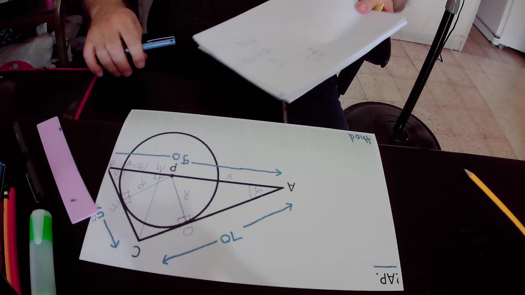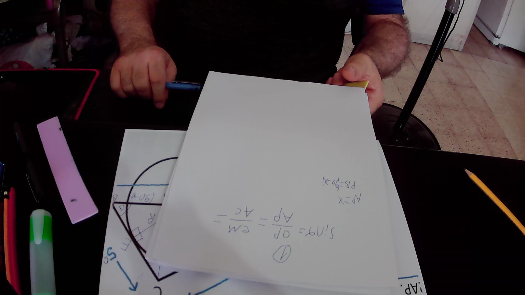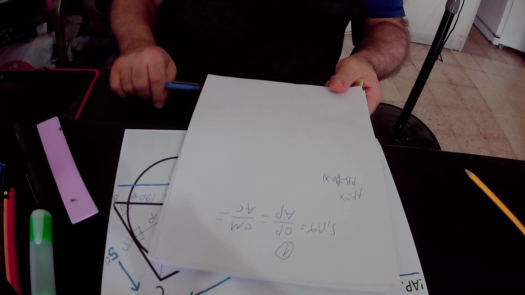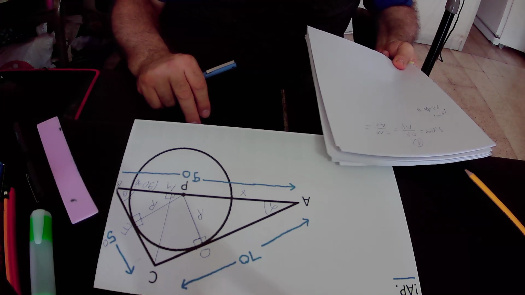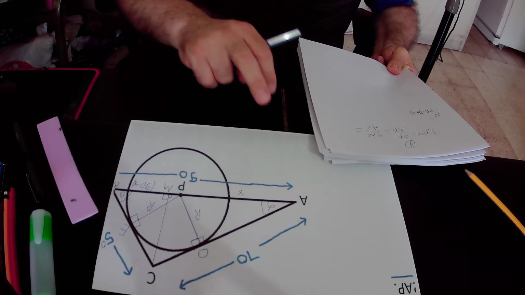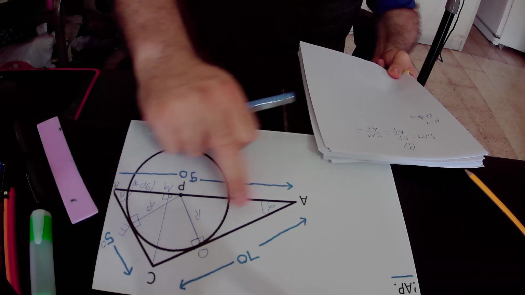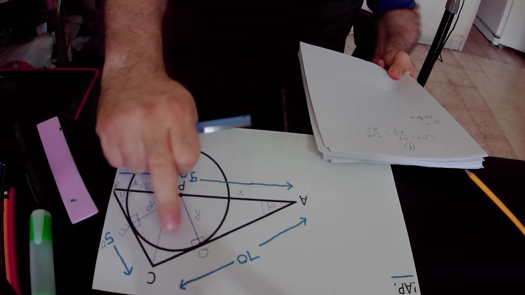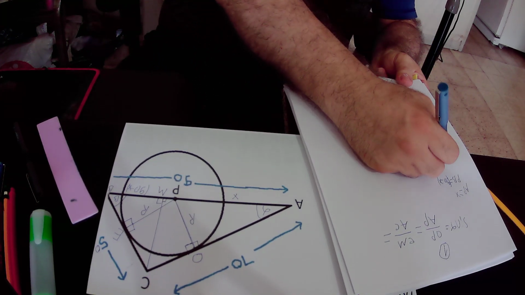Here we know that AC equals 70 units. I write that AC equals 70 units.